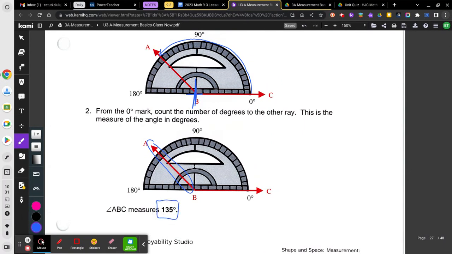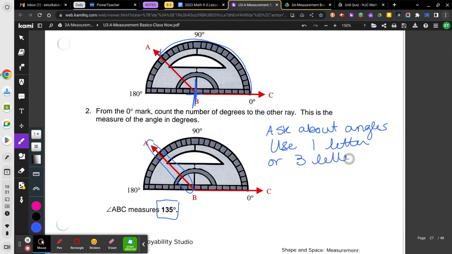So when they ask about angles, they can use 1 letter or 3 letters. Okay?